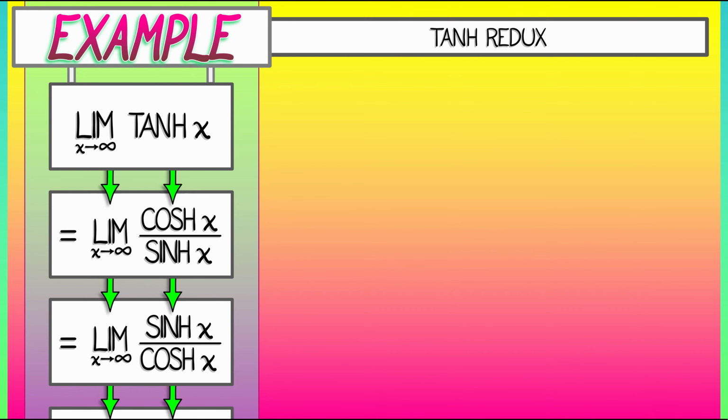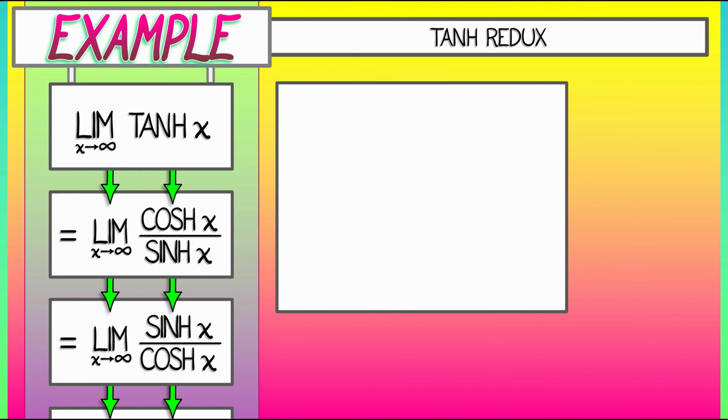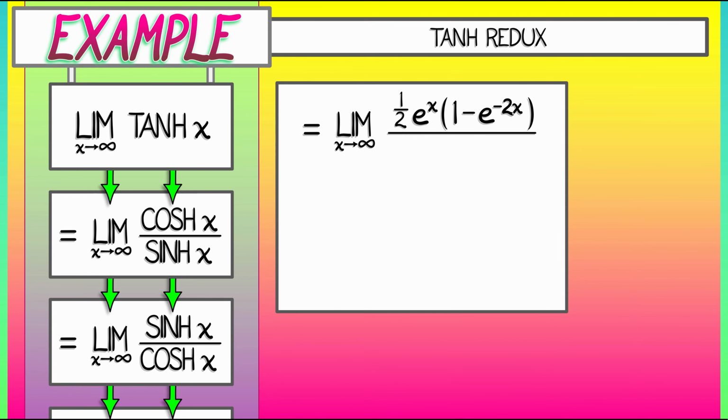So let's go back to this problem of computing the limit as x goes to infinity of hyperbolic tangent. Recalling the definitions of sinh and cosh, and computing the limit as x goes to infinity of sinh over cosh, what do we write that out as? Doing a little bit of factoring, sinh is 1/2 times e to the x times quantity 1 minus e to the minus 2x. In the denominator, cosh is 1/2 times e to the x times quantity 1 plus e to the minus 2x.